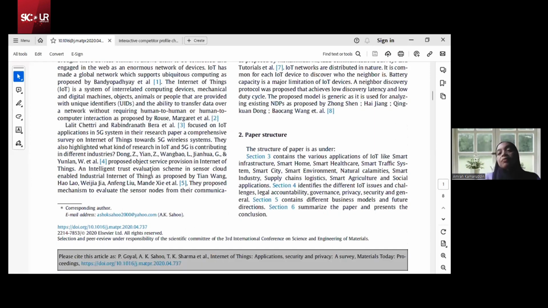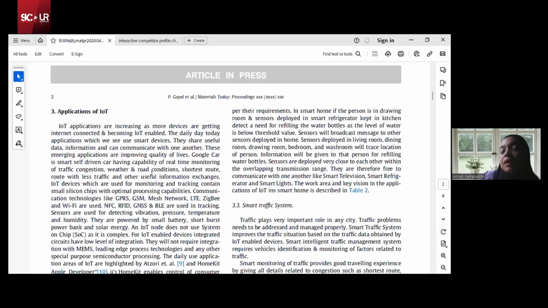Don't, in one particular statement, put the parenthetical and the narrative together. You pick either one for a statement. For example, IoT application is increasing as more devices are getting internet connection and becoming IoT enabled. So who said that? You put it in a bracket. For example, Kumar, comma, 2021.